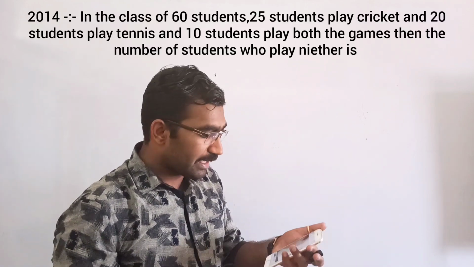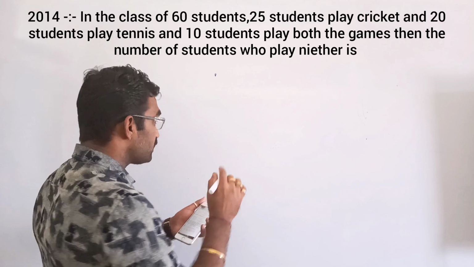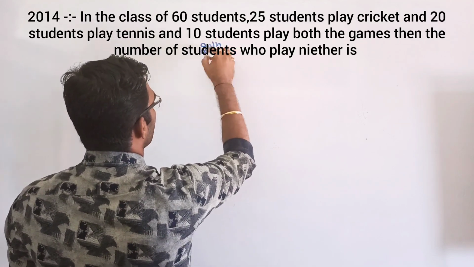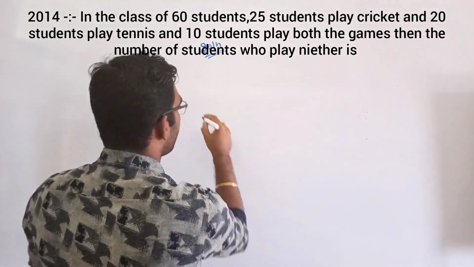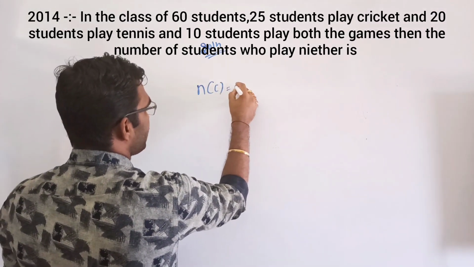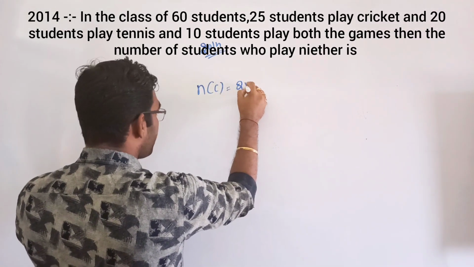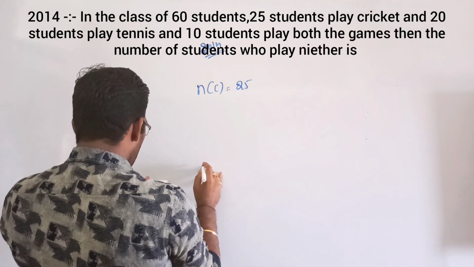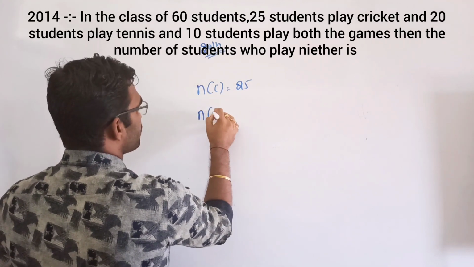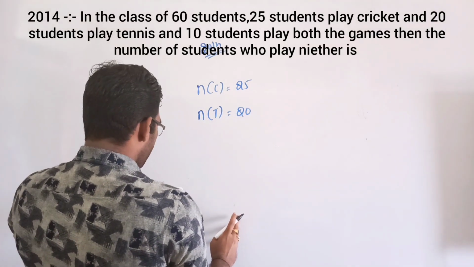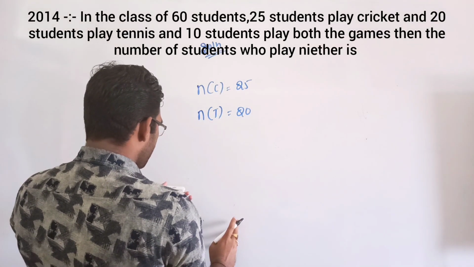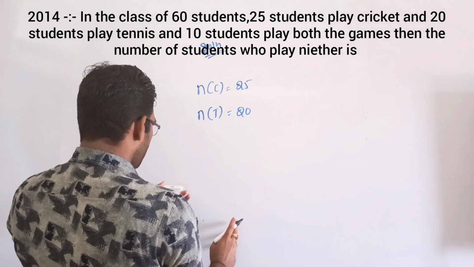Now the 2014 question: in a class of 60 students, 25 students play cricket, 20 students play tennis, and 10 play both games.